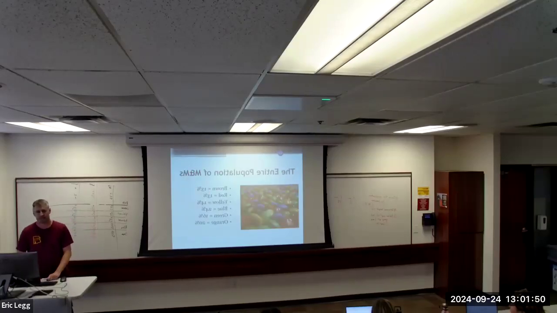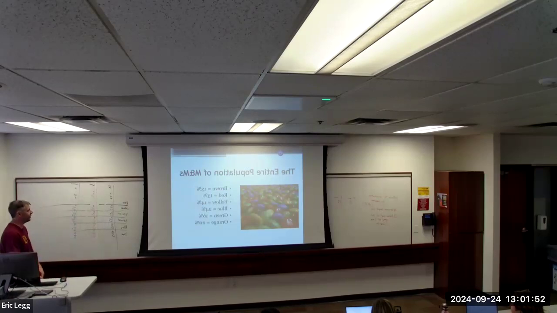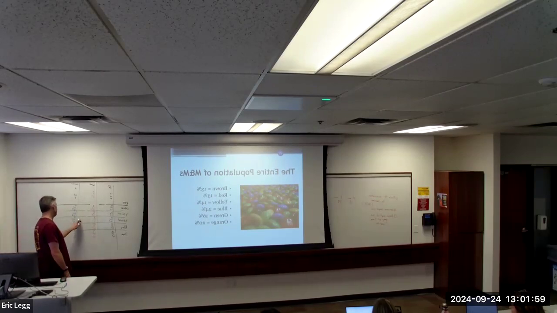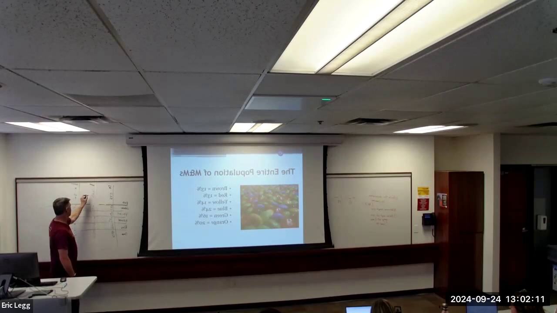All right. Here's the drum roll. In case you're curious what the entire population of M&Ms is, brown is 13%. So our stratified random, interestingly, was closest. But simple random, not bad. Red, also 13%. Our systematic was probably closest.